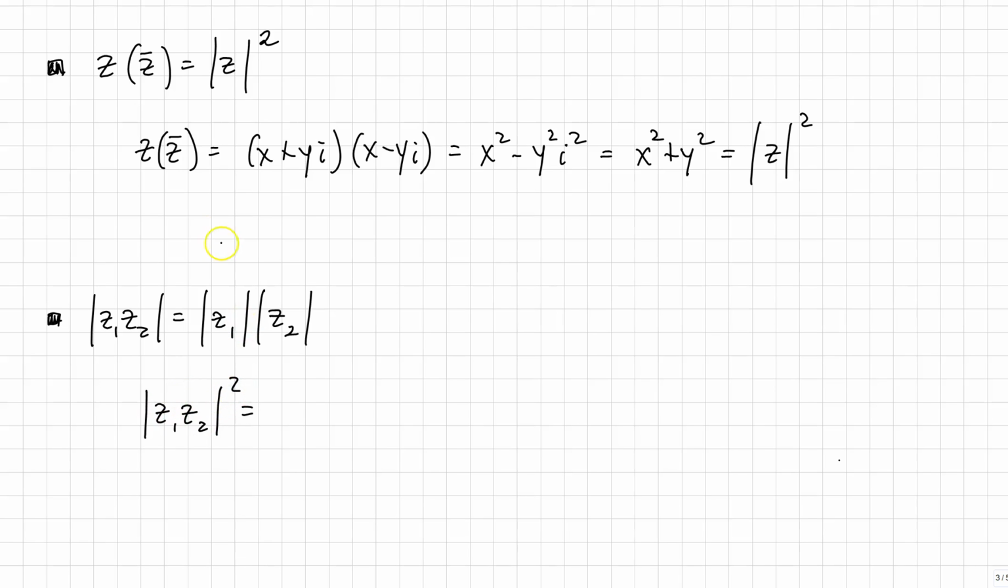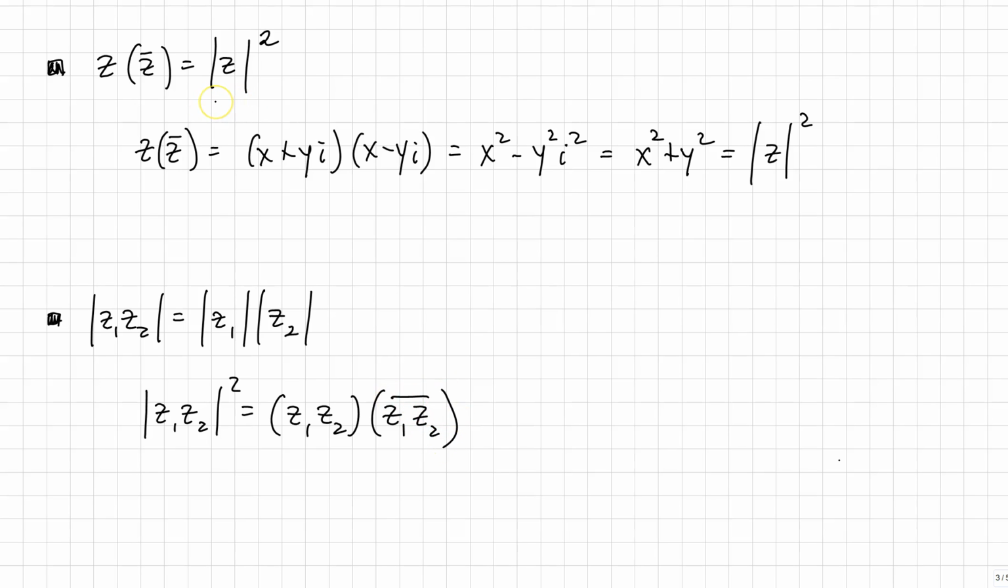Well, the left side squared, according to our property right above it, because the property above it told us what to do with a modulus squared. Here we have a modulus squared, and it's equal to the product of that number and its conjugate. So this modulus squared should be the complex number times its conjugate.